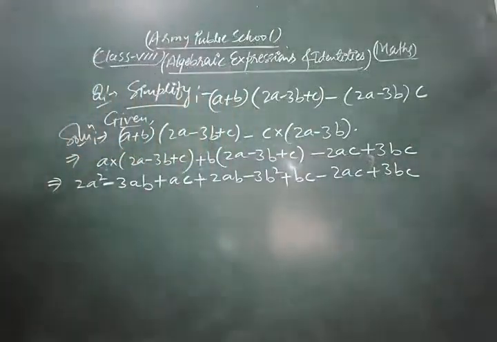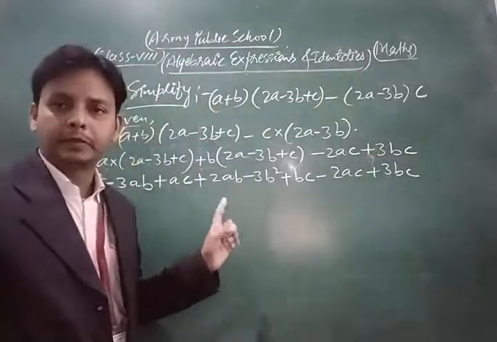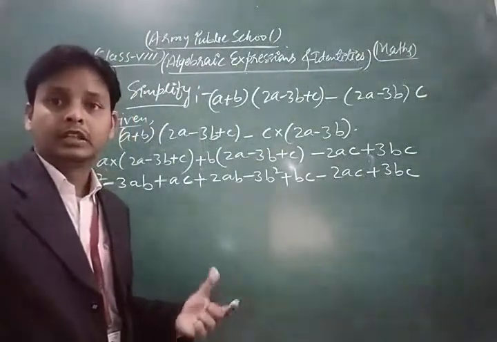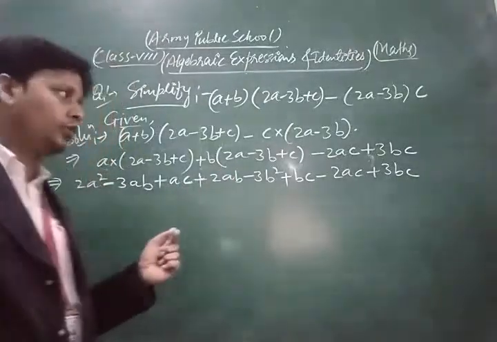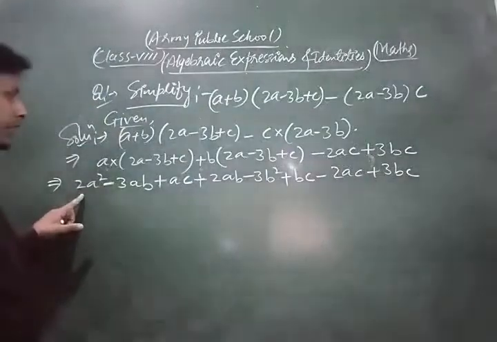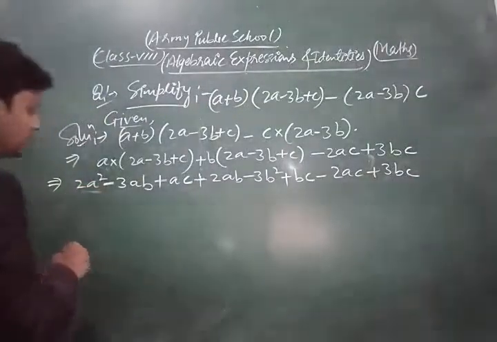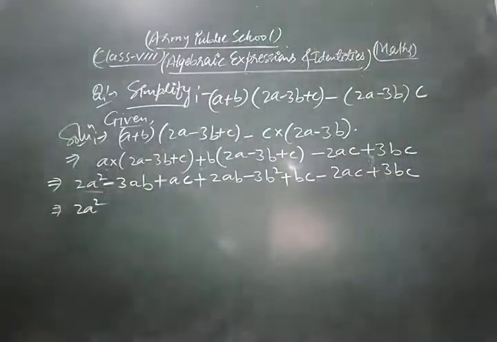After multiplying these expressions, we separate the like terms. First of all, we find the like terms in this expression. Look, this is a square, and there is no other a square, so 2a square is written as it is.